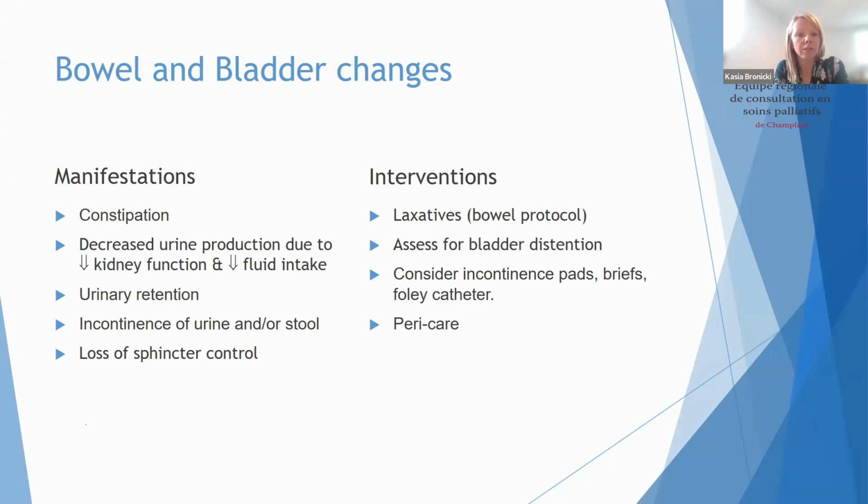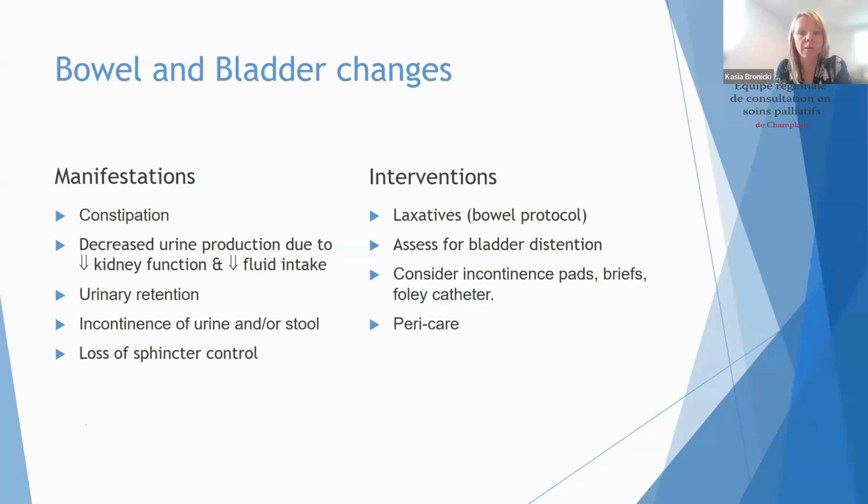So we can also see a decreased urine production, and that's due to both decreased kidney function and decreased fluid intake. So we can expect to have less urine produced, but also we can expect to maybe see retention of urine. And that could be related to some of the medications that residents are taking specific to the end of life, like anticholinergics, other medications that can cause urinary retention.